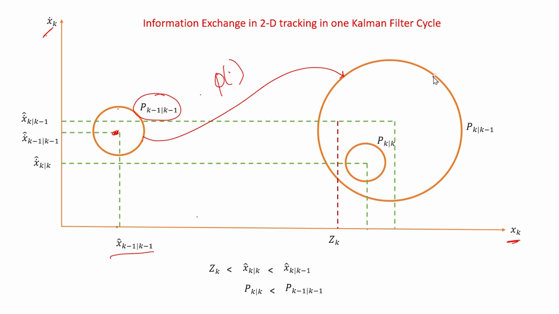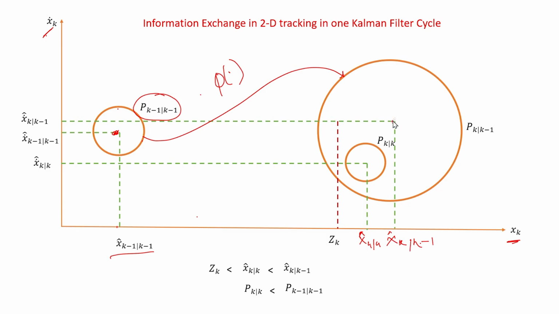Sorry, I did not write it here: this is x k minus 1, and this is x k.